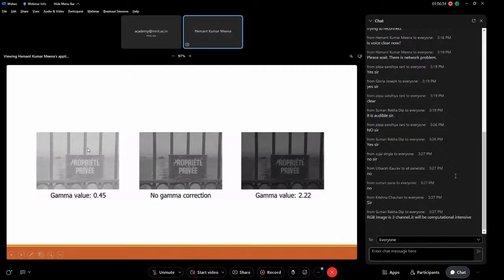Here the image is darker, and here it is lighter. This is the difference. Here it is like a sunshine atmosphere, and here it is a darker atmosphere.